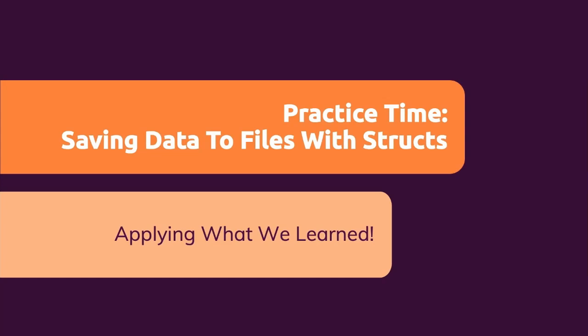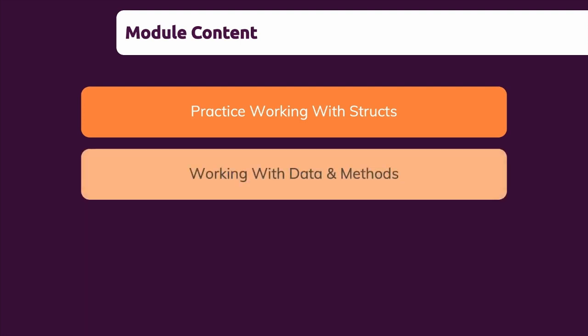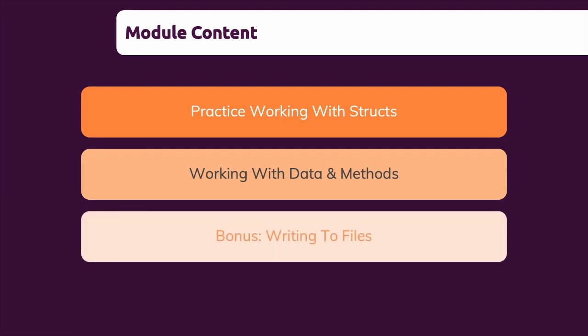Therefore, in this course section, we are going to practice working with structs, of course, and specifically we'll again see how we can work with data that's stored in structs and how we can add methods to structs, so functions connected to specific structs. And as an extra bonus, we will also learn how we can use a built-in struct to write data into a file. Something we haven't done up to this point, but something we will do now in this section.